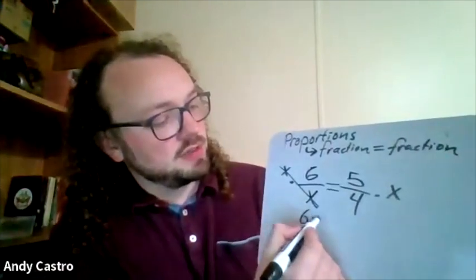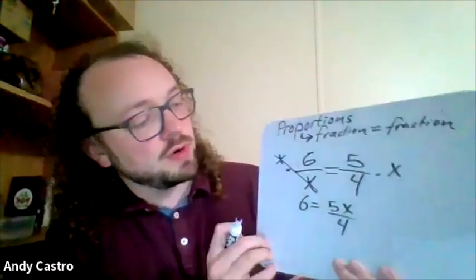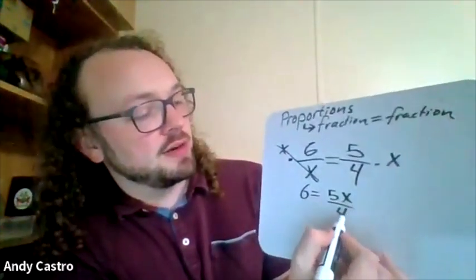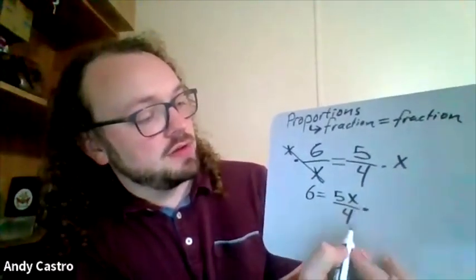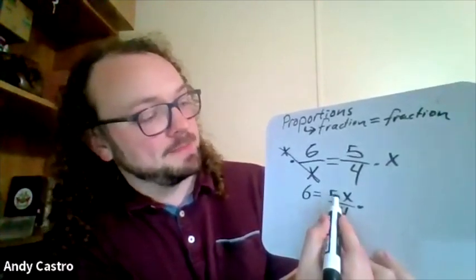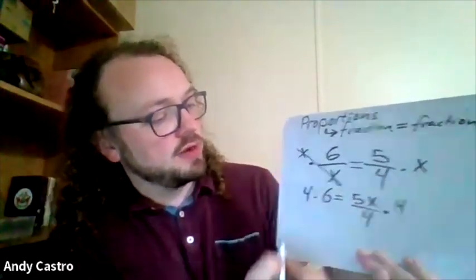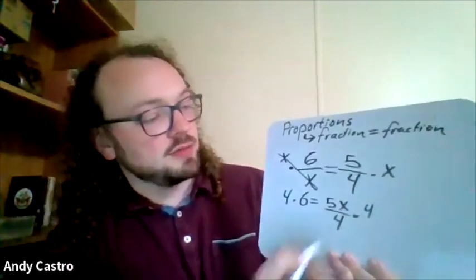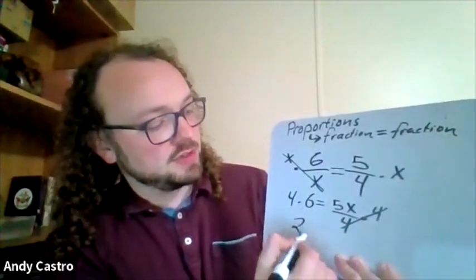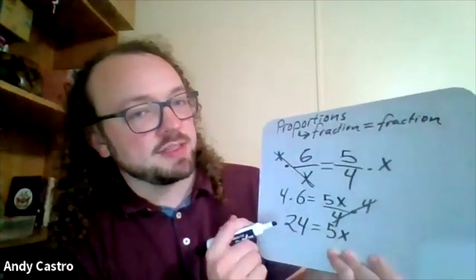And then I have 6 equals 5x over 4. Still got a few more steps I need to unwind here. I have x is being divided by 4 and multiplied by 5. So let's undo that divided by 4 by multiplying both sides by 4. So they cancel out. And then I have 4 times 6 is 24 equals 5x.